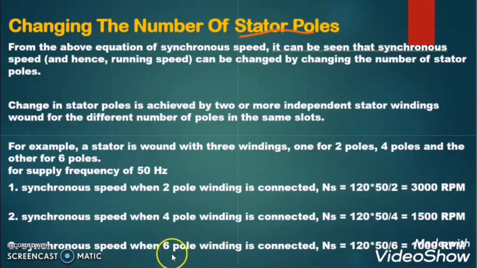For example, a 6 pole motor has a speed of 1000 RPM, and by switching it to 4 pole we will get 1500 RPM, but we will not get any speed between 1000 and 1500 RPM, like 1200 RPM. We will not get such a speed. Or by changing the 6 pole motor to a 2 pole motor, we will get a speed of 3000, but we will not get any speed in between except 1500 if this induction motor has a switching mechanism to change into a 4 pole motor.